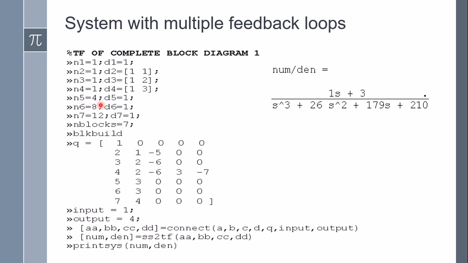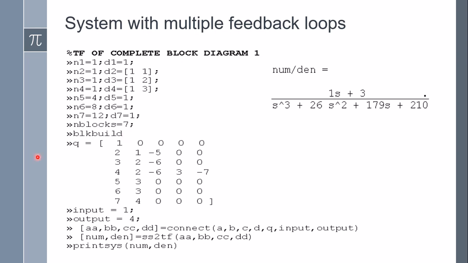In a similar way we are representing up to the 7 blocks. Then we give the input of how many blocks are present in the system. So 7 blocks are present, and we define nblocks equal to 7. Then I call the command blkbuild, which is going to develop a block diagram for all the systems.